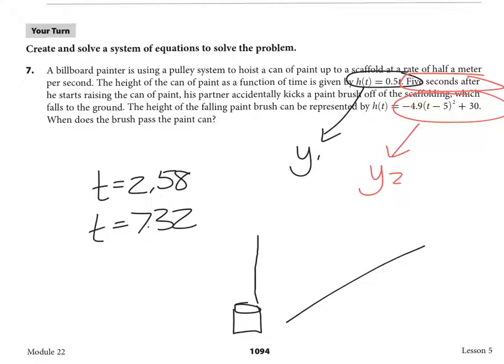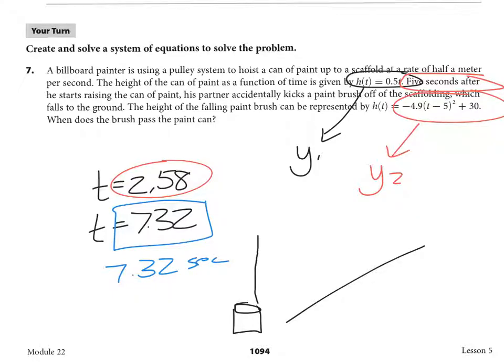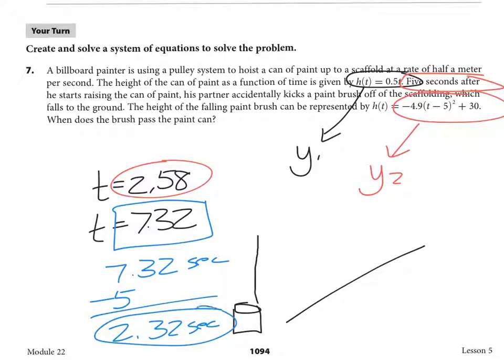Okay, so at this point, we've not reached the 5 seconds yet. So we're still hoisting the paint can up. So it actually passes it after that 5 seconds, at this time. That means a total time of 7.32 seconds, but it was 5 seconds after, so I subtract that, so it would be 2.32 seconds after he'd been hoisting the paint can up that they pass.